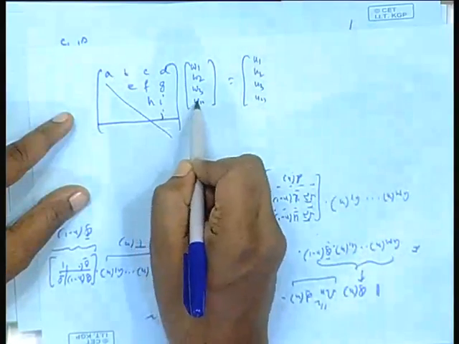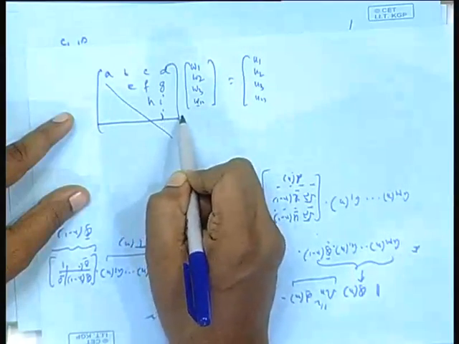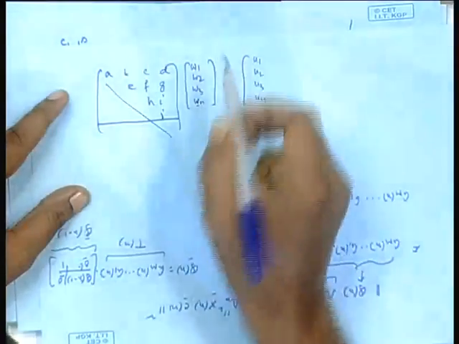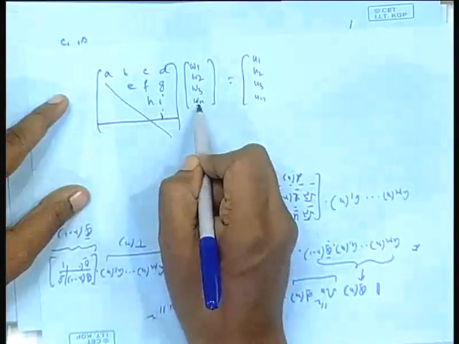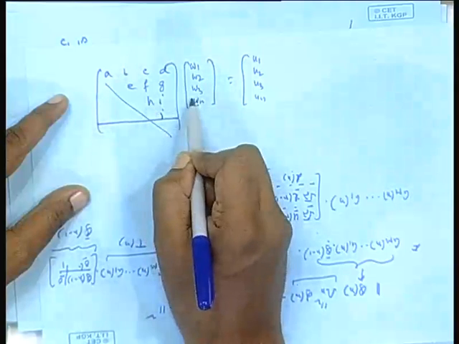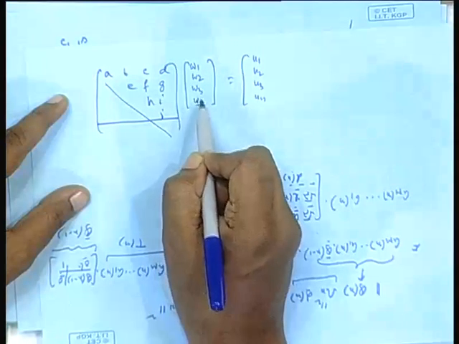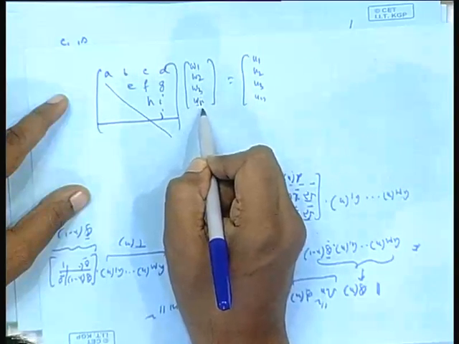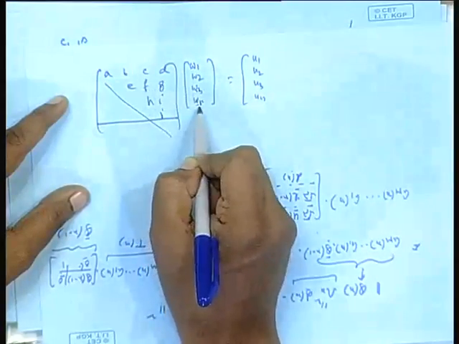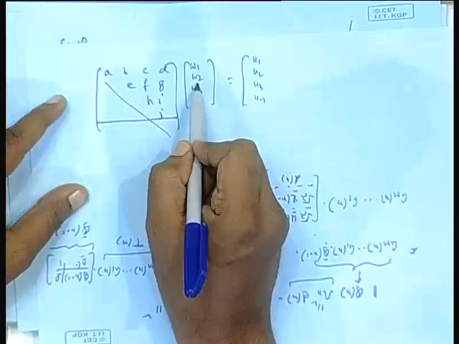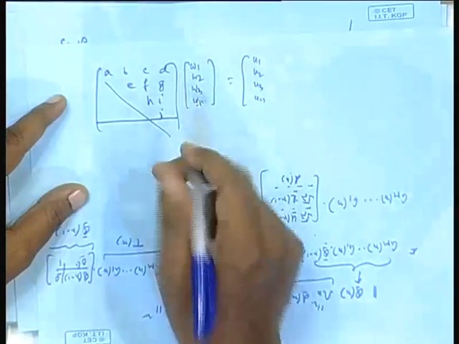What I do, first find out W4 by solving the last equation, then propagate back, use the same W4. So, from the second row, I into W4 known, find out H, and then W3, W4 known. So, propagate back: F into W3, G into W4, subtract, find out W2, and so on. So, it is a back substitution.